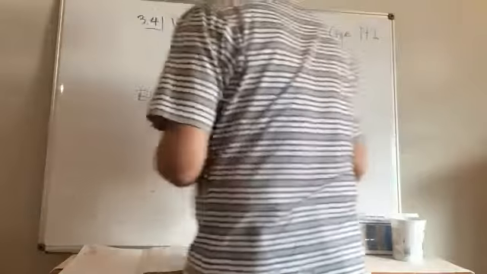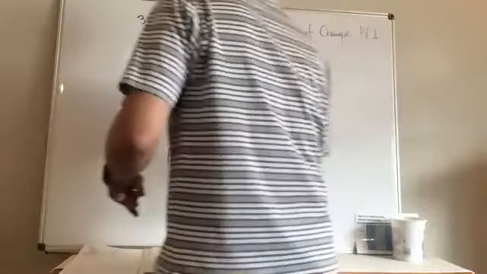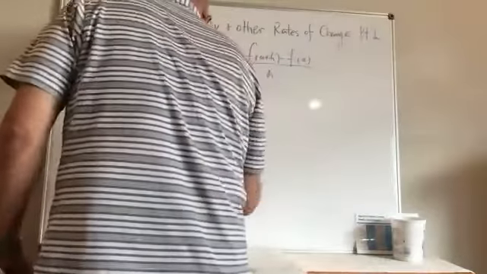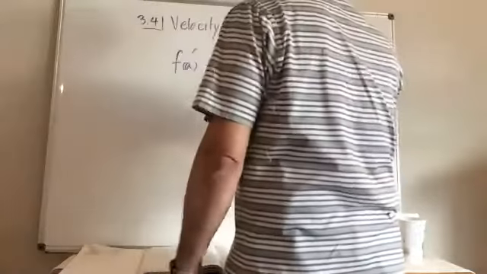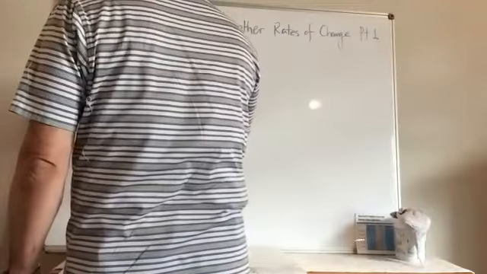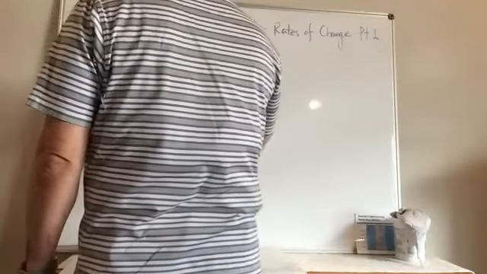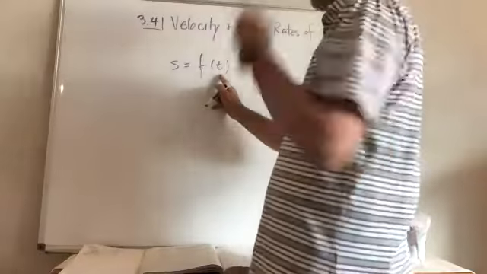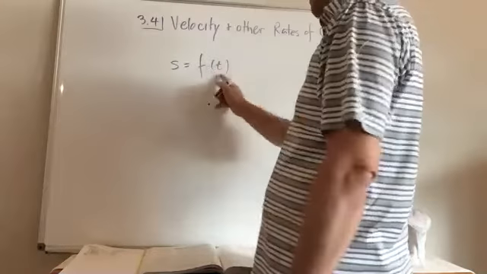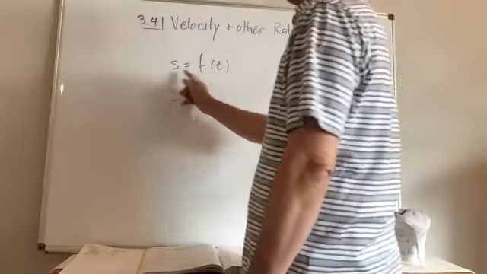All right, go to page 130, and on page 130, we are going to have motion along a line. Motion along a line, so we're going to call s the displacement, and it is going to follow some sort of function with regard to time. So as time goes by, the displacement will change, okay?